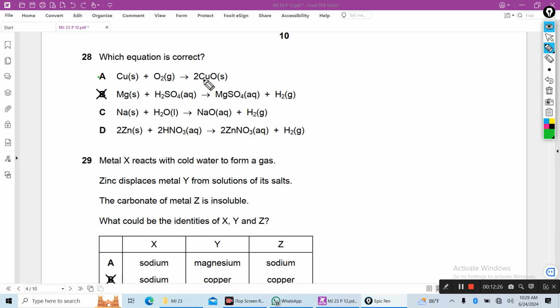Here it is 2 copper, but here 1 copper, so this is wrong. Sodium reacts with water to produce sodium hydroxide, so this is wrong. Zinc reacts with nitric acid, and the zinc nitrate formula should be Zn(NO3)2, so the formula is wrong. So B is the right answer.